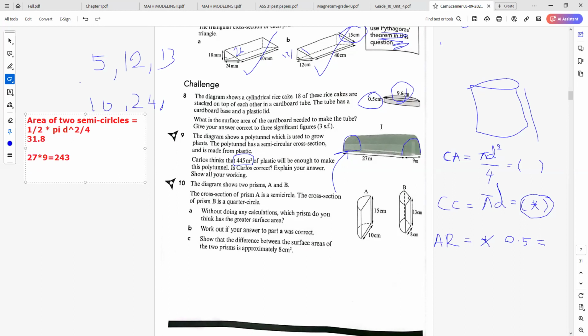Then we will have this bended rectangular shape. That is, we have to find out the circumference, I mean only the curved area of this semicircle. That is half into pi d.